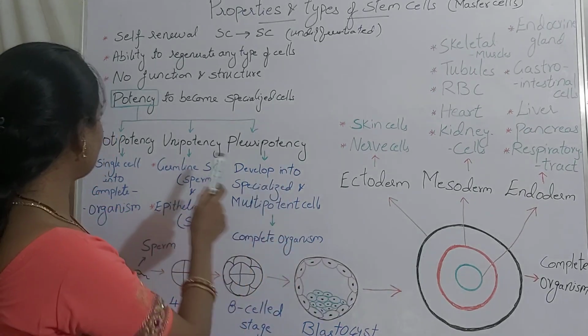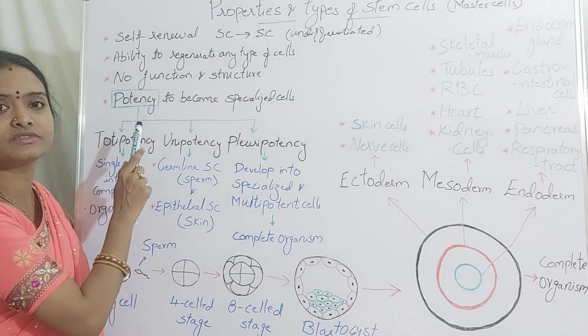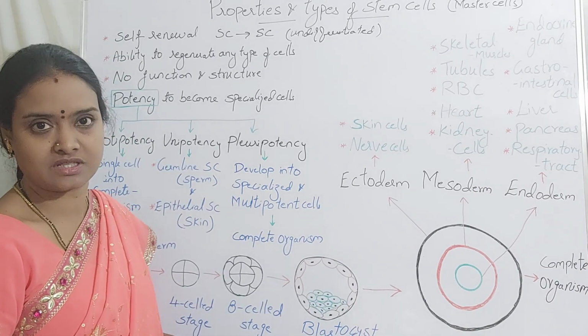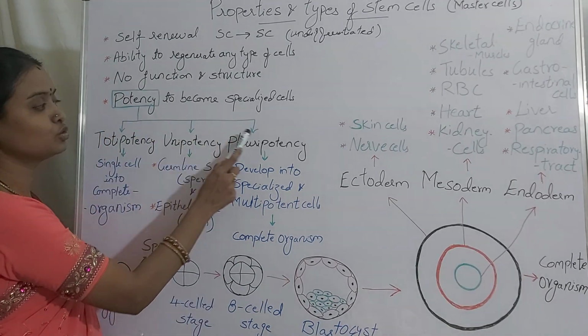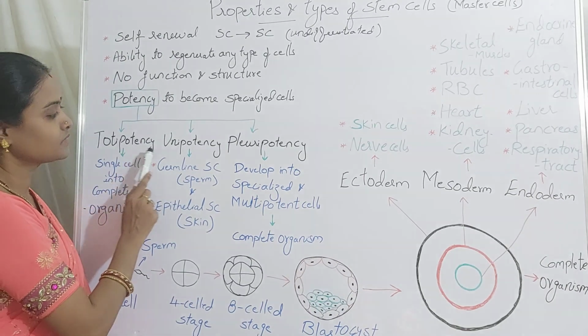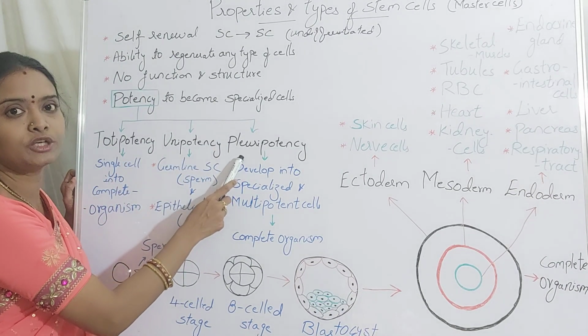So if you come to potency, potency is nothing but the ability of the stem cells to get transformed into any type of cell present in the organs. Here it is classified into three types. The first one is totipotency, the second one is unipotency, and the next one is pluripotency.